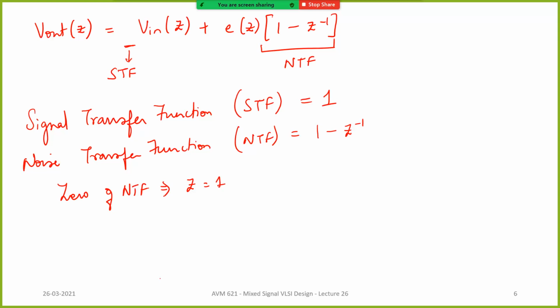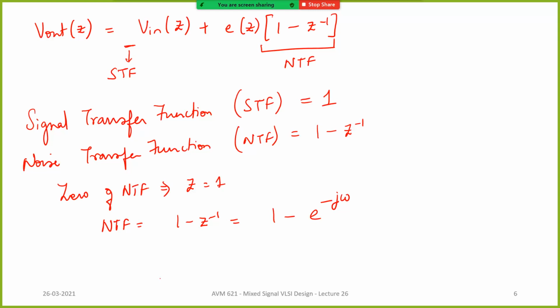Now let us also look at it. The NTF is 1 minus Z inverse, which can be written as 1 minus e power minus j omega. If you just recollect your signals and systems, in the continuous time domain, in the Laplace domain, we say s equals sigma plus j omega.